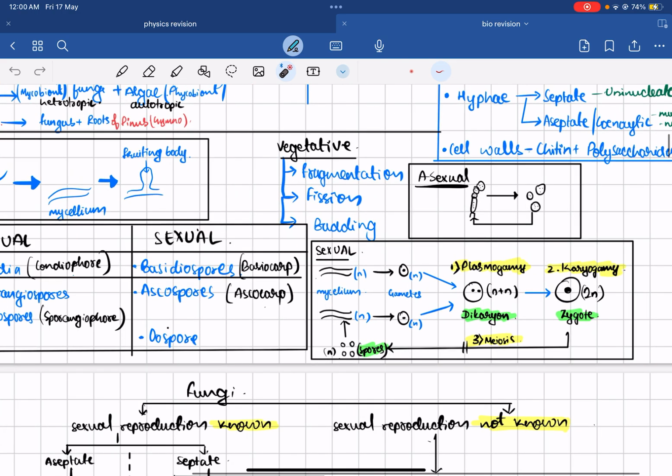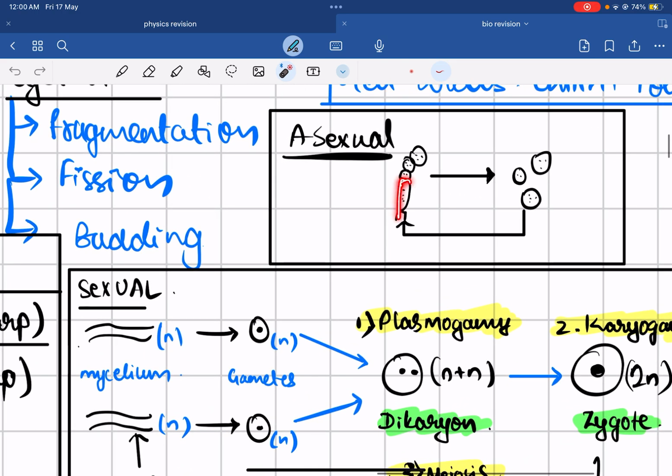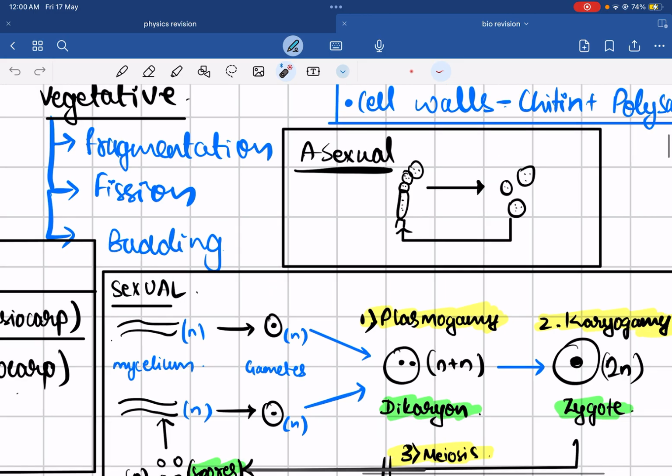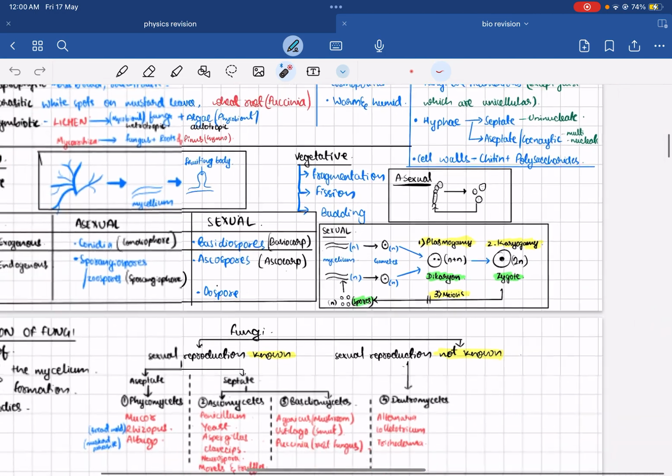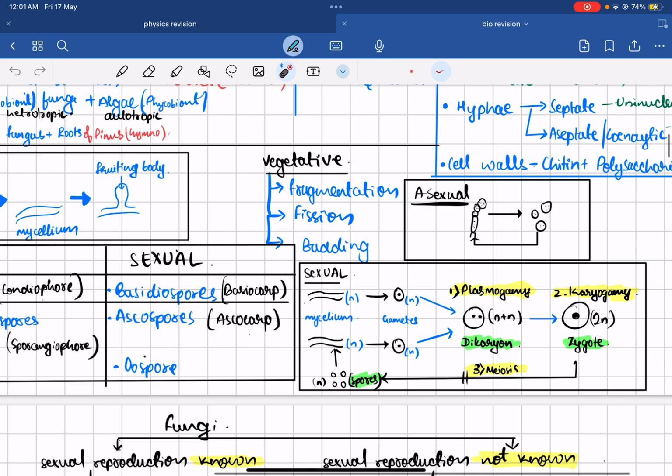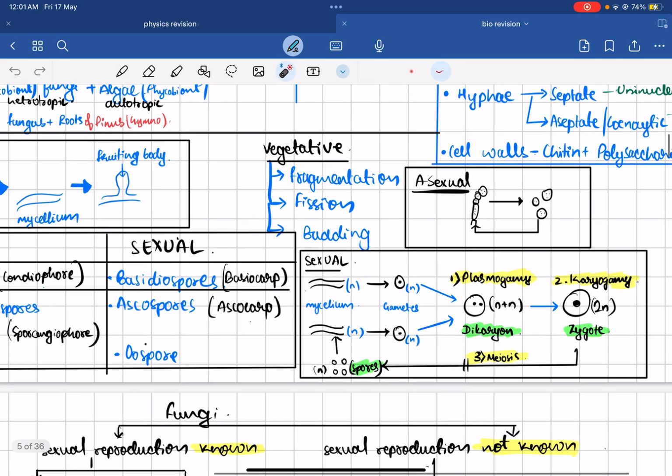And asexual, you can see here how cells will just be separated from each other. Each cell will multiply and again they will grow on their own. Next, how sexual reproduction will take place. Mycelium will produce gametes which are single, and which will fuse together and form a dikaryon.